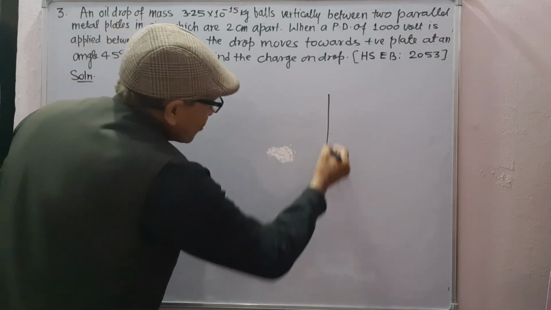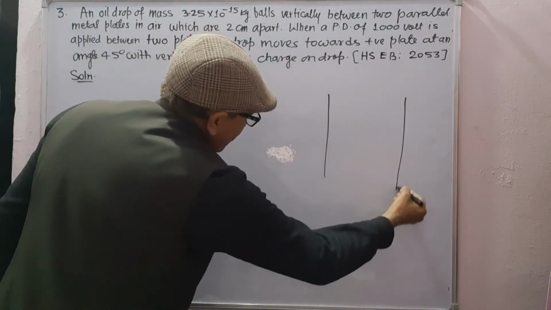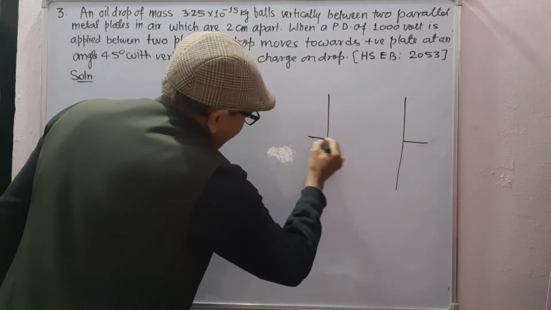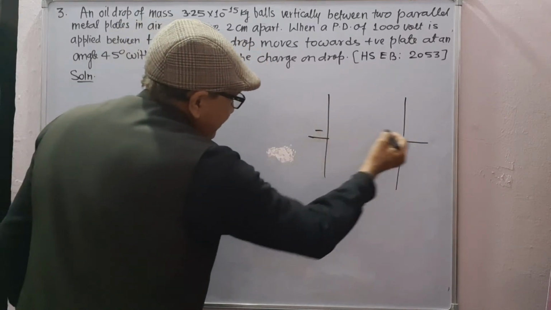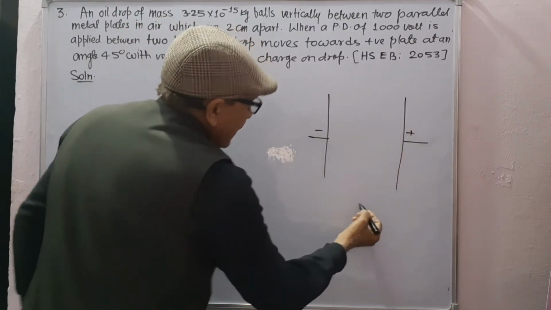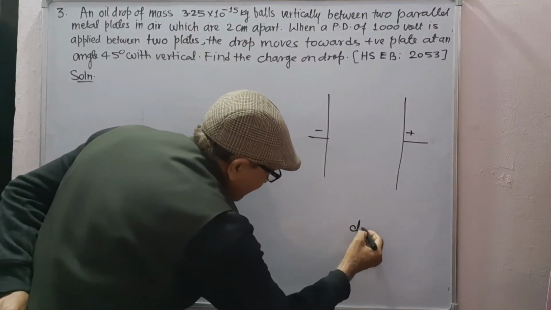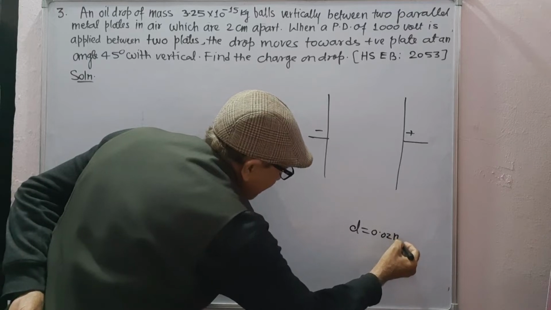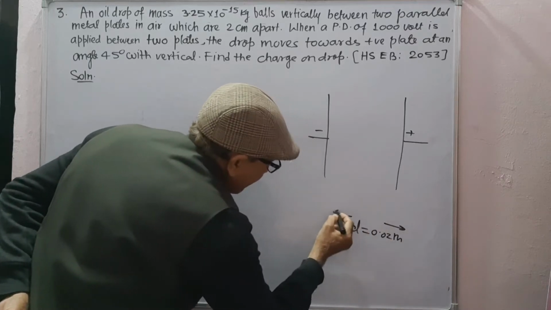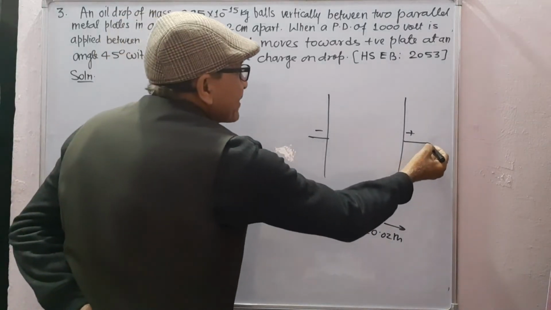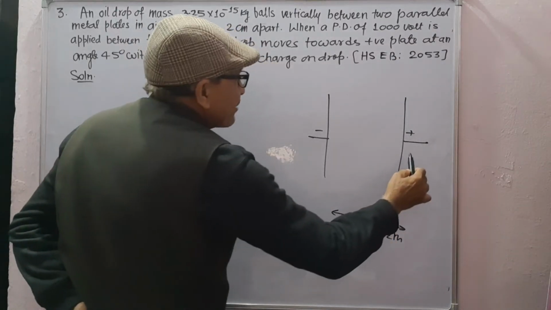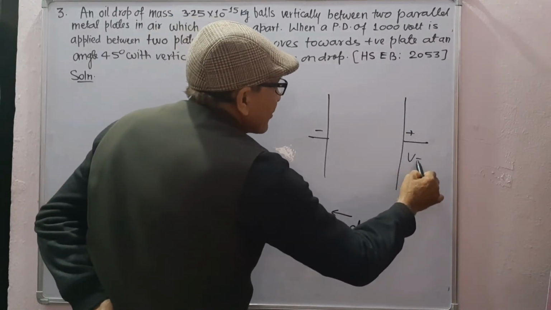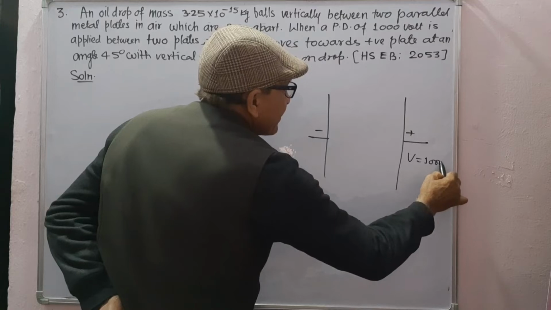According to the question, suppose these are two parallel metal plates. Distance between the two plates is 2 cm, means 0.02 meter, and potential difference is 1000 volt. V is equal to 1000 volt.